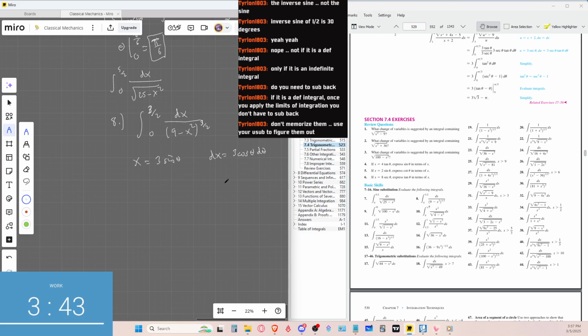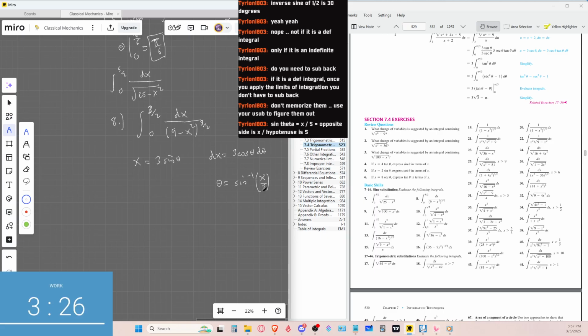Then, just for good measure, theta will be equal to arcsine. That way we can just get it done a little bit quicker. We'll just leave it that way so we can be better prepared.